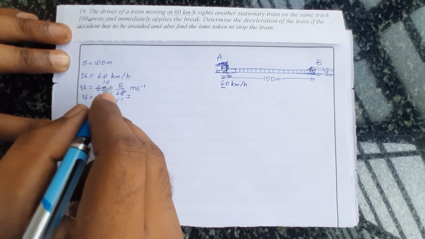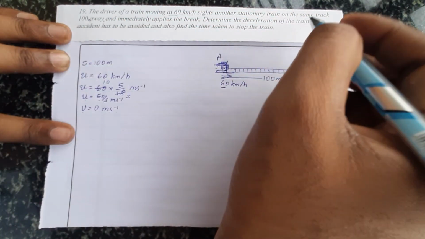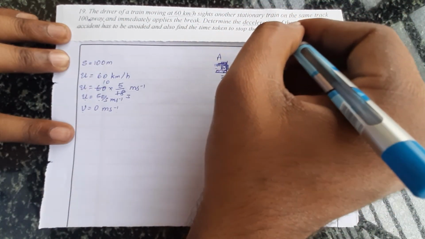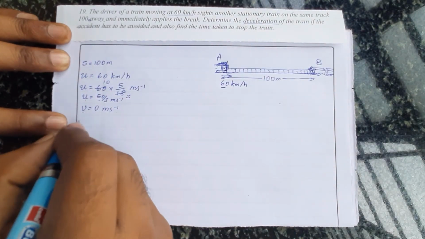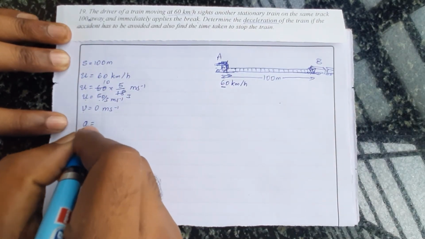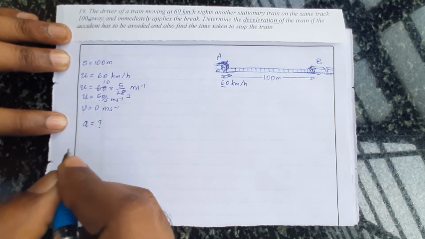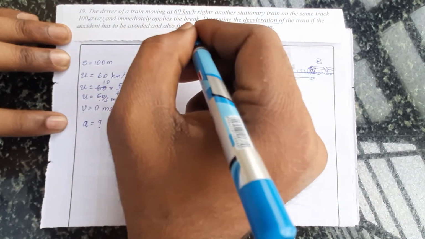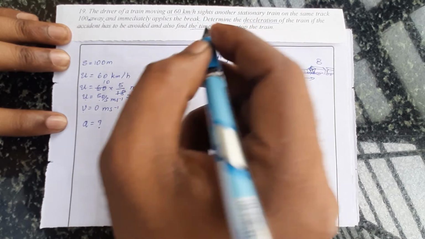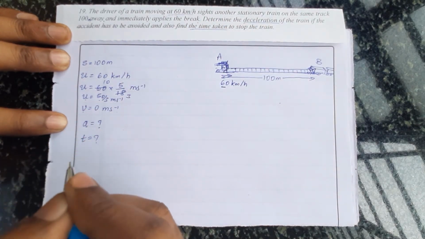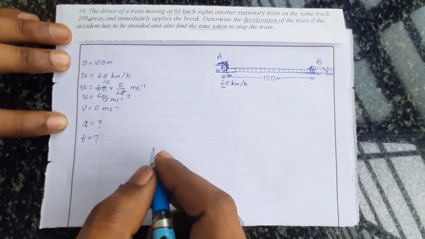What we need is the deceleration of the train. Deceleration is nothing but acceleration numerically, and then we will remove the negative sign. So the acceleration of the train has to be calculated, and we should also find the time taken. So T for the motion should also be calculated.